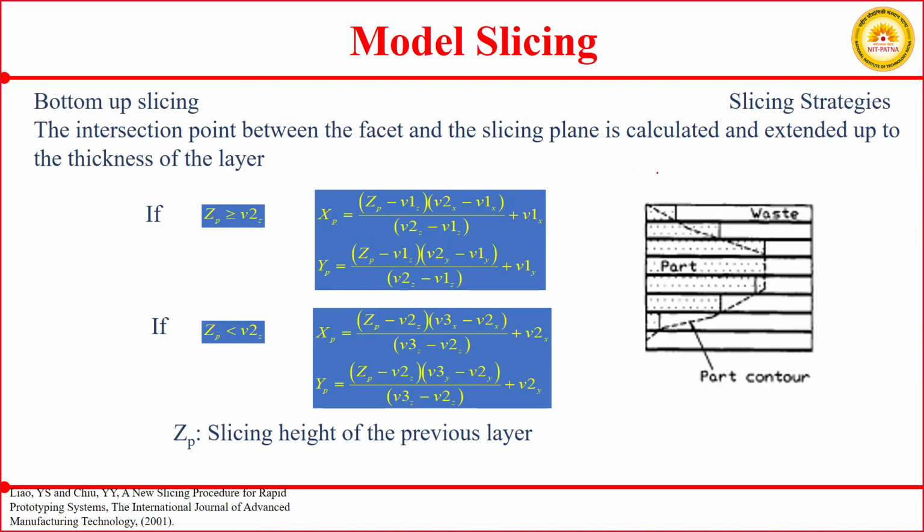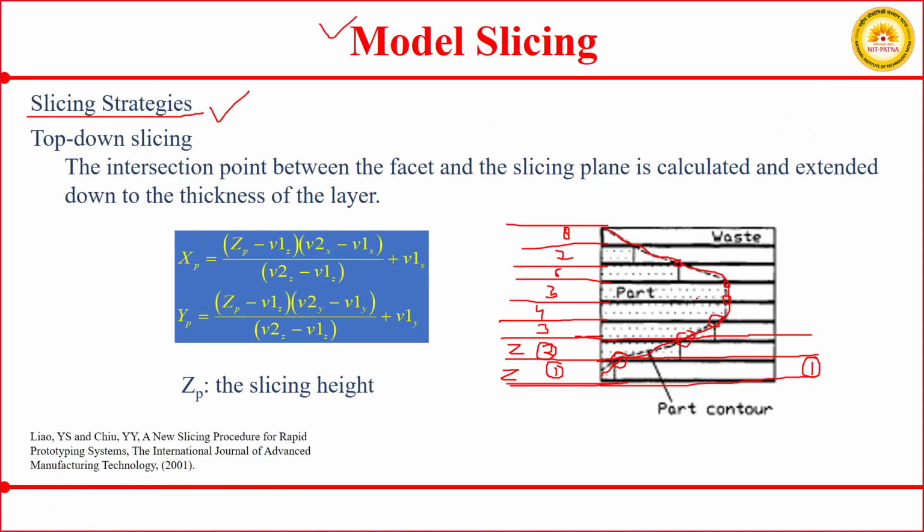Similarly, in the bottom-up slicing approach, we are considering the bottom vertex of our given layer. For layer number 1 we have taken this, then for layer number 2 we are again taking the bottom side, this one.